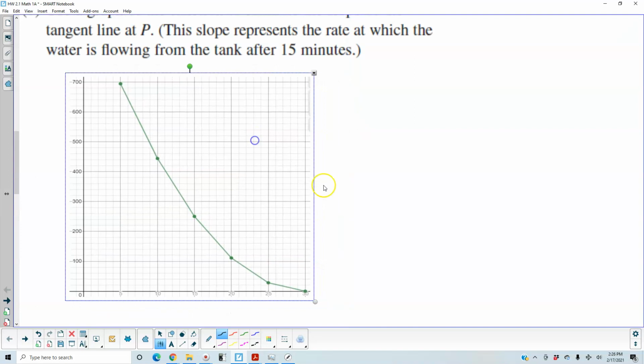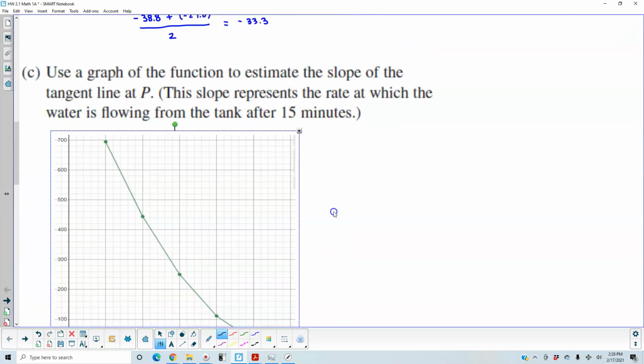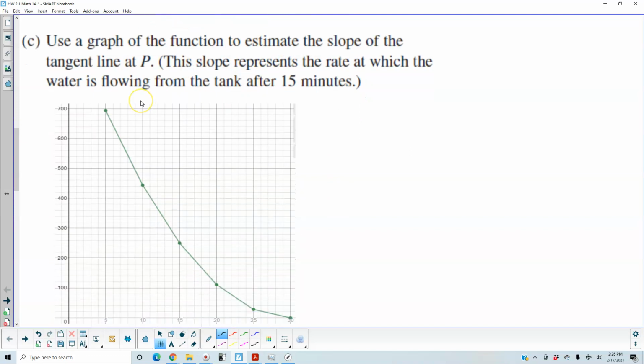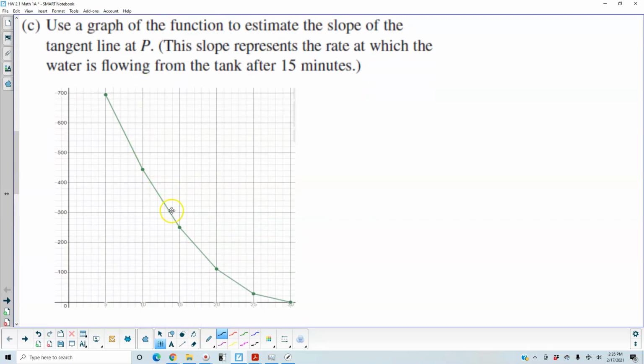Alright, so here's our graph, and again, the question wants us to estimate the slope of the tangent line at P. So we're estimating what that tangent line is going to be on this particular graph. So let's go ahead and draw a tangent line on this graph.